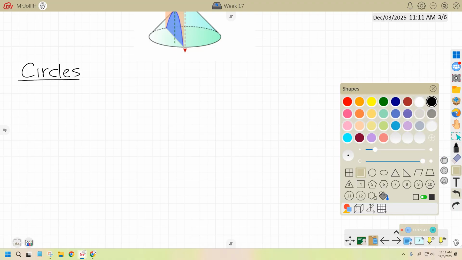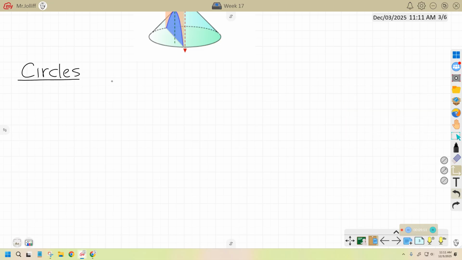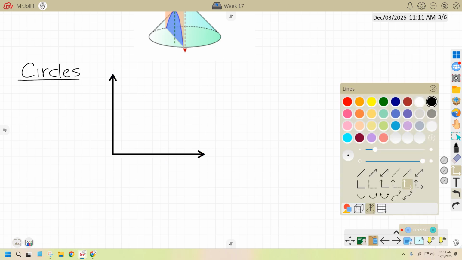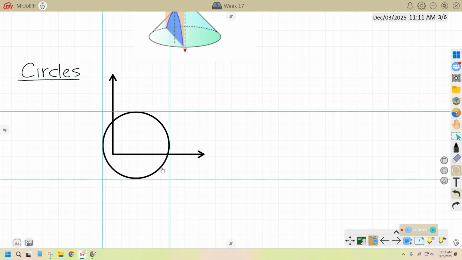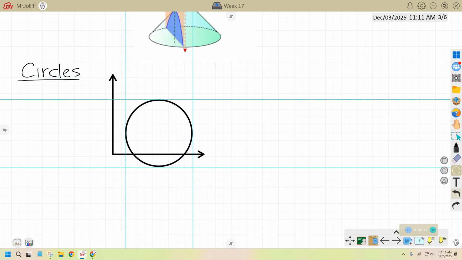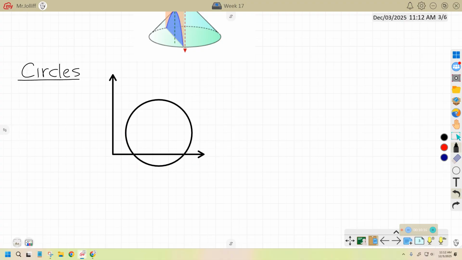Let's see if we can use technology to make a prettier graph than I can draw by hand. Okay, so we have a circle.